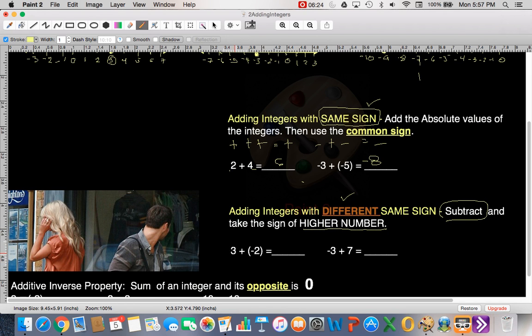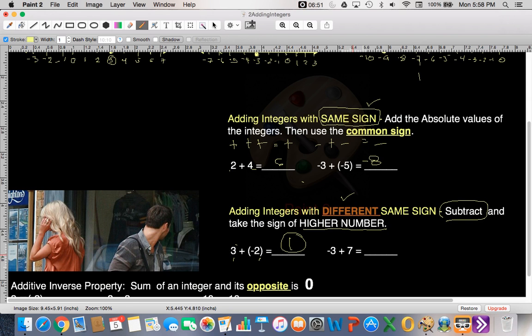Here, 3 plus negative 2, again, you will subtract, which is 1, and you take the sign of the higher number, which is 3. So your answer is positive 1.